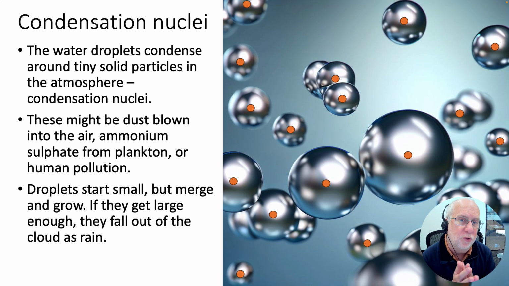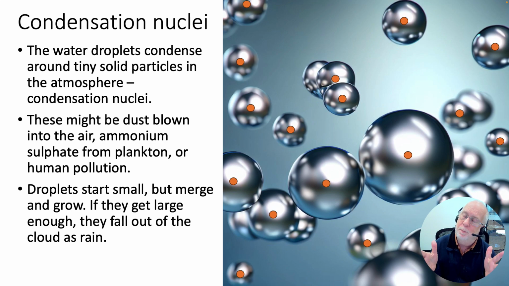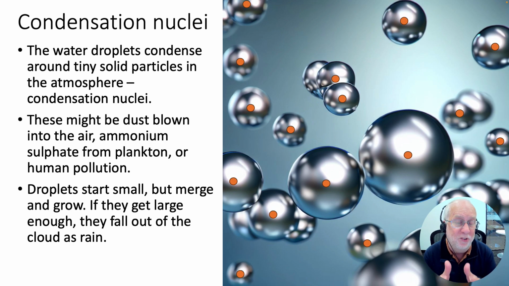How does the water vapour come out of the gas and form droplets? Well, normally it does this by condensing around tiny solid particles. If you take totally pure air with no particles at all, you can actually cool it well past the saturation point and nothing will form.